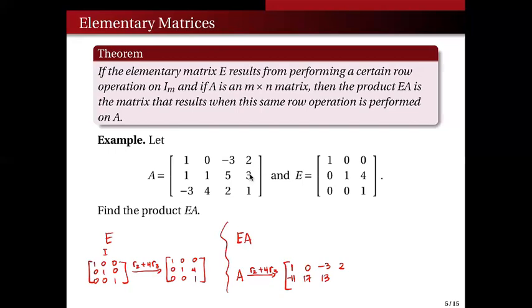Then here 3 plus 4 times 1, so 3 plus 4, that's just 7. And then you just copy the third row: negative 3, 4, 2, 1. So this is the product EA. Questions?